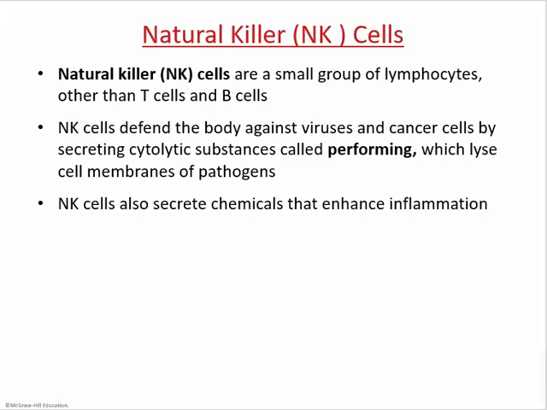So if the cell is infected with a virus, or if the cell is old and malfunctioning, or if the cell is a tumor, a cancerous cell, then if it's recognized by the natural killer cells, which is a type of lymphocyte, the natural killer cell will kill our own body cell and get rid of it.